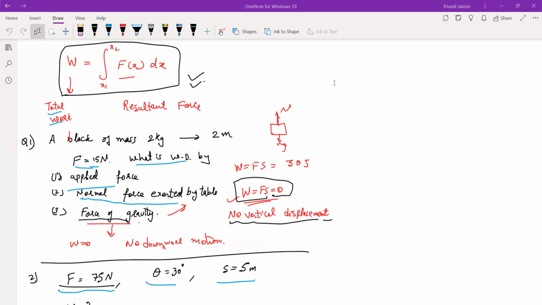Just keep root 3 as it is for the remaining thing. You should be quick in oral calculation because it will help you in solving numericals.